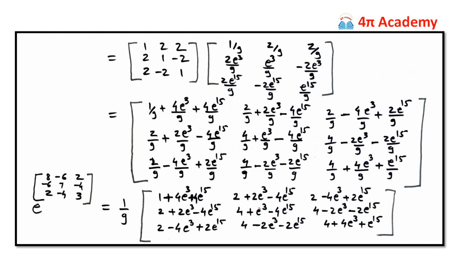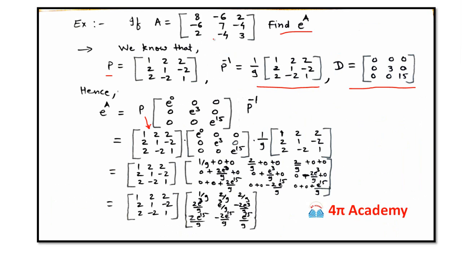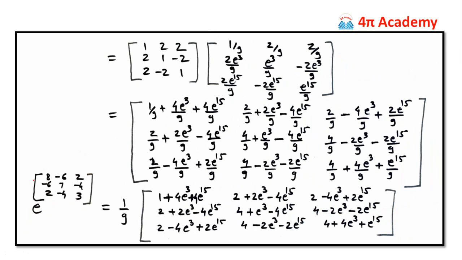So finally, by solving this, I will get the answer as this, which is 1 by 9 into 1 plus 4 e cube plus 4 e raised to 15 and so on. So this is e raised to power A, where A is our matrix, which is 8 minus 6 2. So e raised to power this 8 minus 6 2 minus 6 7 minus 4 2 minus 4 3 is equal to 1 by 9 times this matrix.